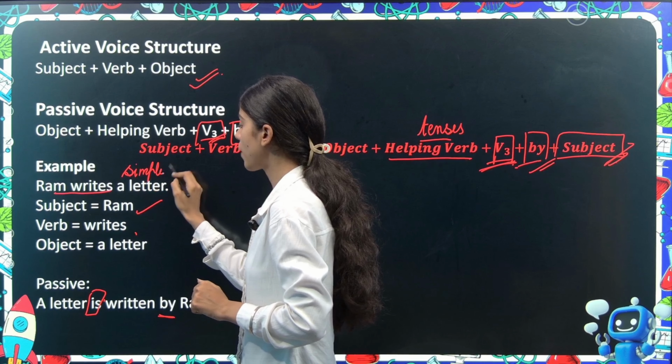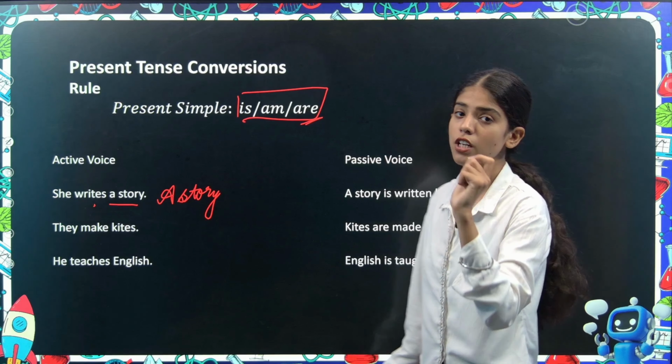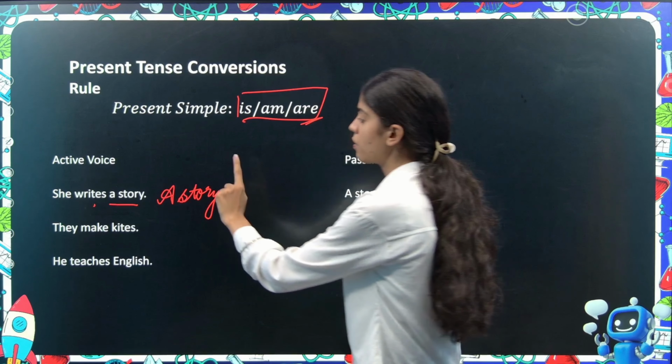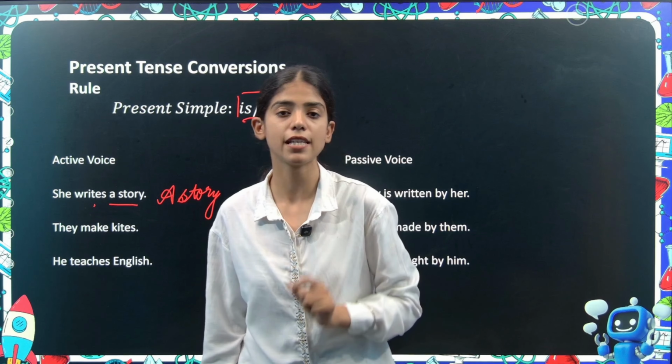Active voice: she writes a story. We have to shift the object to the place of the subject. So first of all, a story. Now check whether this is in simple present or not. Here it is written writes, that is, s and es are attached to the verb. So we are using simple present, and the helping verbs are is, am, and are.